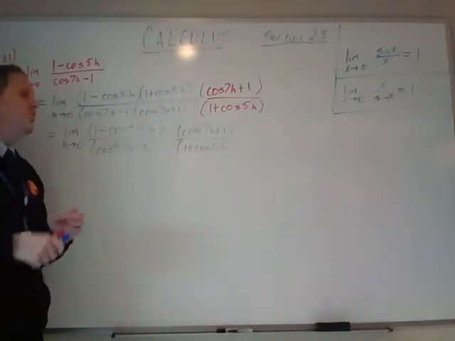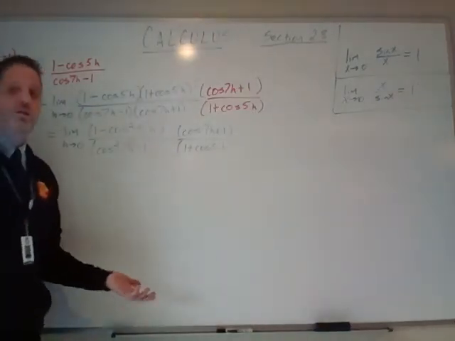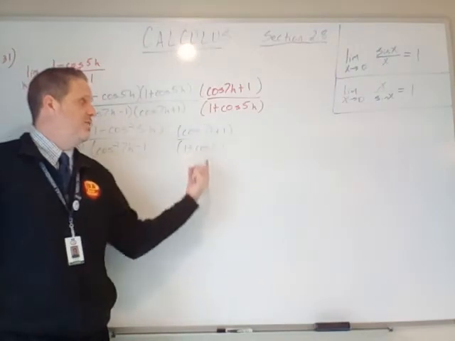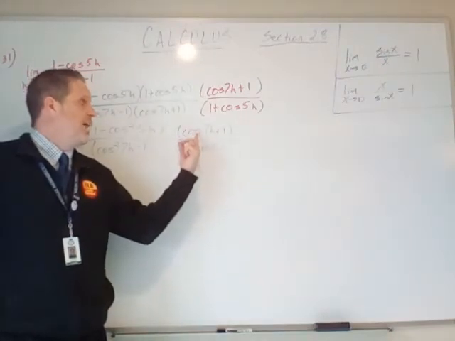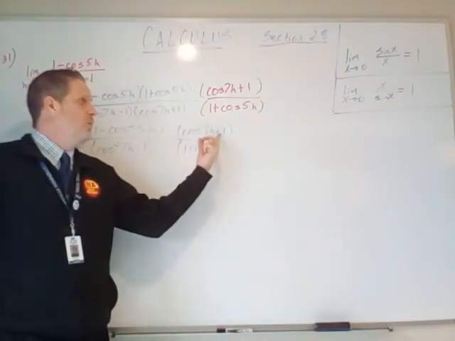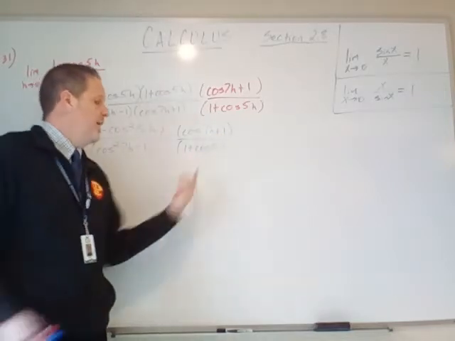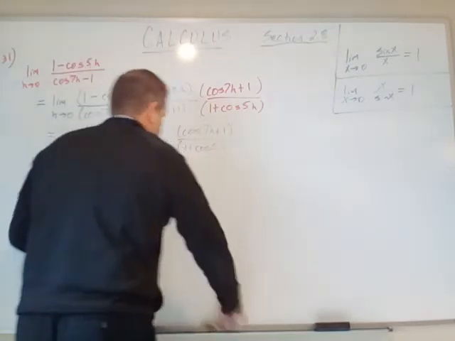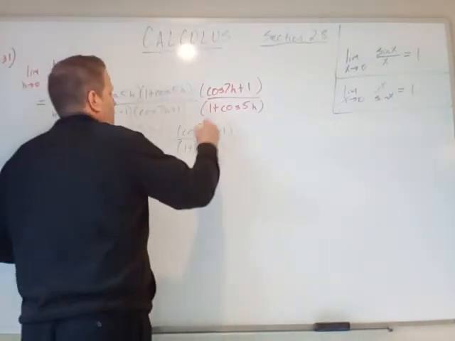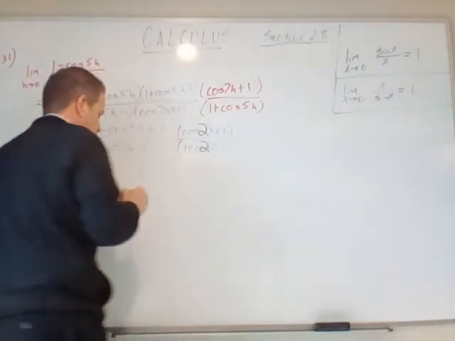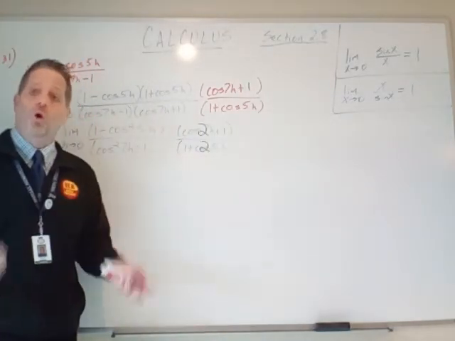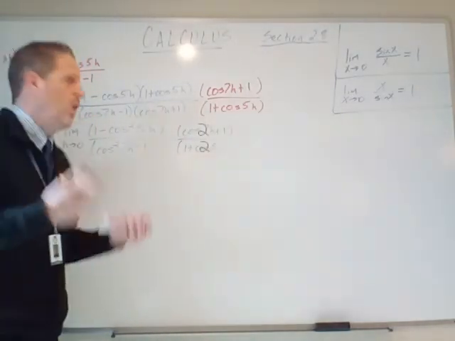Now, the cosine at 0 is 1. So what we've just introduced with these conjugates is a cosine of 0, which is 1, and 1 plus 1 is 2. I've got a 1 plus cosine 5h, that's also going to be 2. Which means that if we evaluated these limits, I'd get a 2 over 2, which is 1. The limit of 1 is 1.